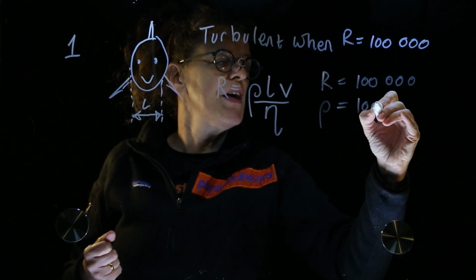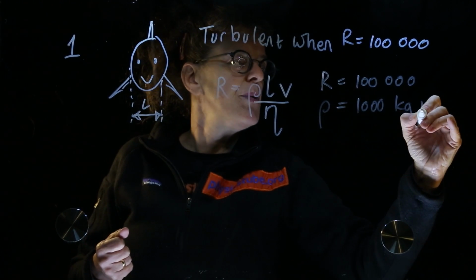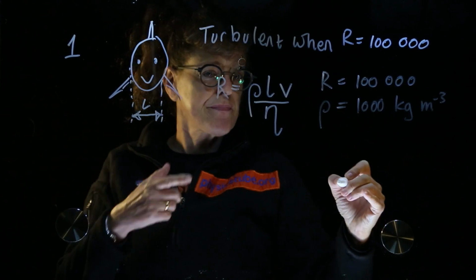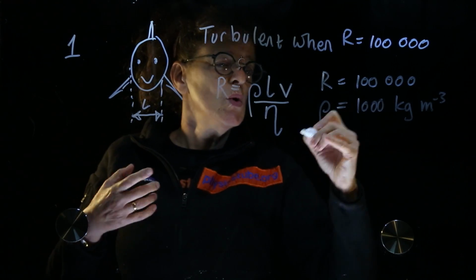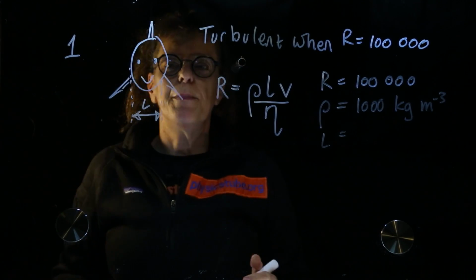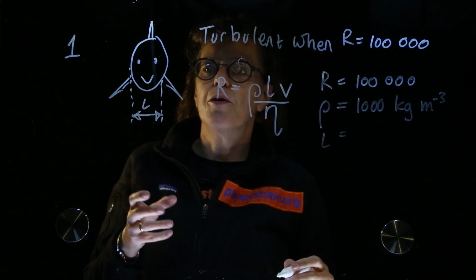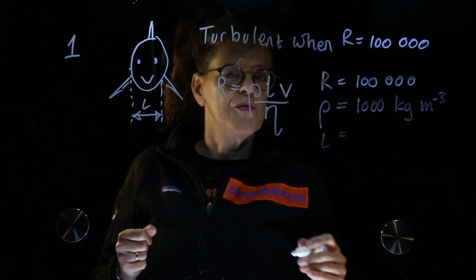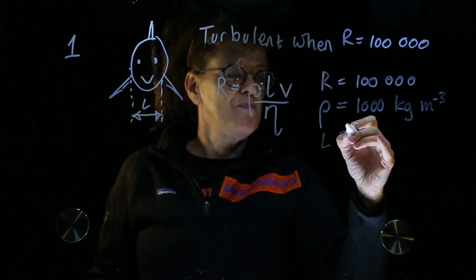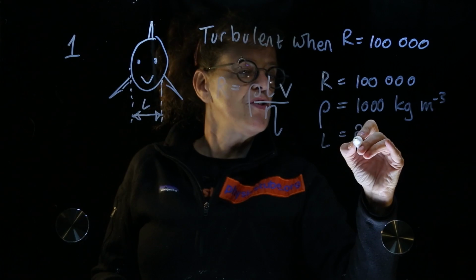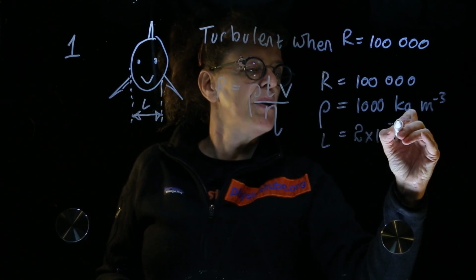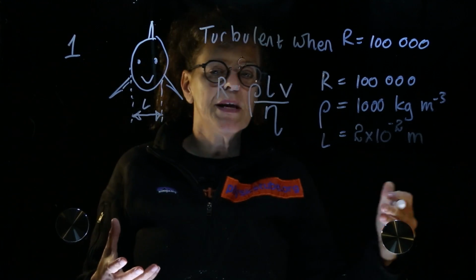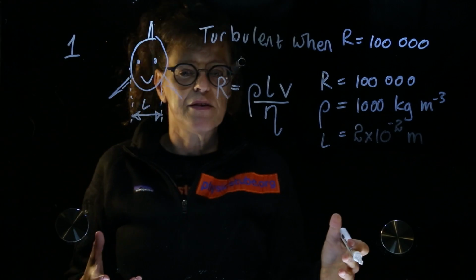Rho is 1,000 kilograms per cubic metre. L is, well, I think this is my pet goldfish, and I'm going to say this goldfish is 2 centimetres. So 2 times 10 to the minus 2 metres is the easy way to convert centimetres to metres.